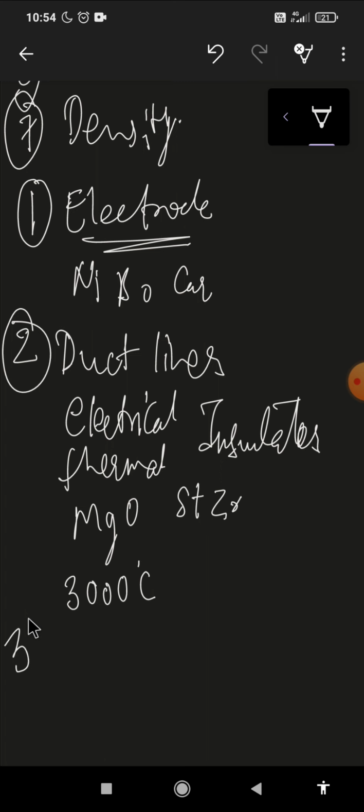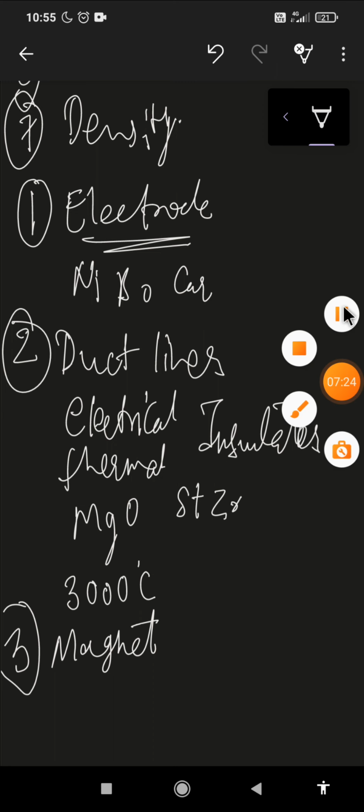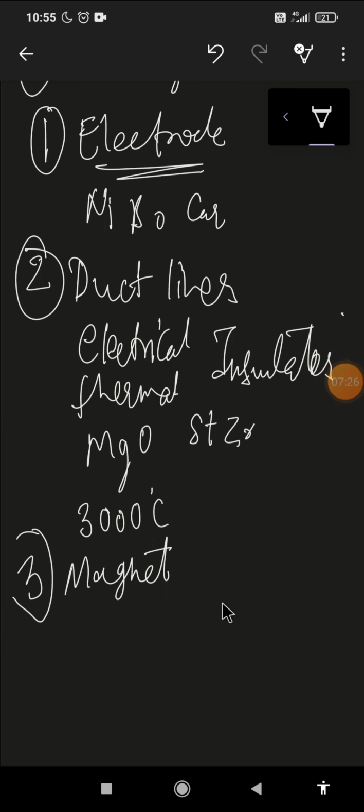Third is the magnet. It is stronger than permanent magnets.